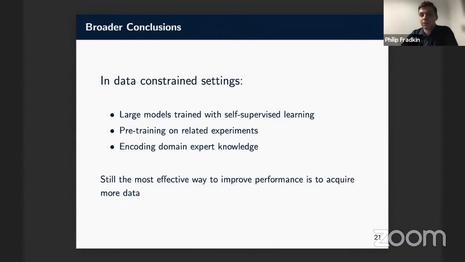And if there's a way to encode domain expert knowledge into the model, that's quite effective. But still the gold standard is, if there's a way to get more data, that would probably be the best in terms of model performance improvement. So thank you very much, and I'll take any questions that people have.